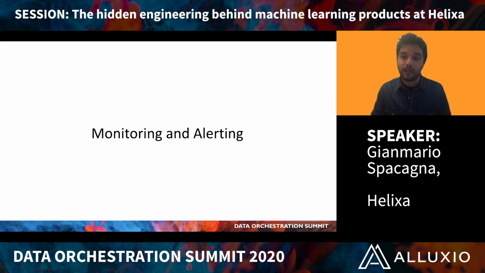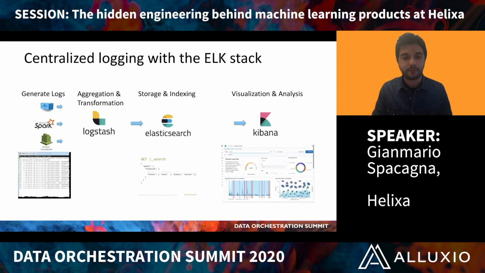Okay, let me just quickly show you what tools you can use for monitoring and alerting after you've done the deployment. So the first thing is to collect logs, and there is a really great stack based on Elasticsearch that you can use for collecting and visualizing the logs, and I really recommend using that.